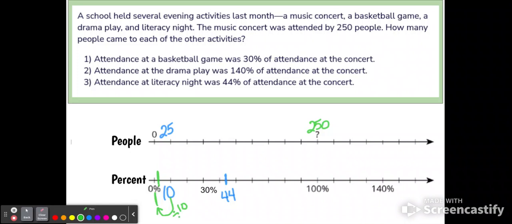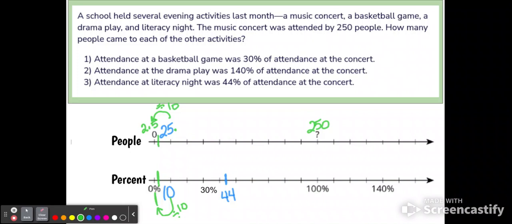So 10 divided by 10 is what gets me 1. Have to do the same here. 25 divided by 10. Ooh, there's that division of 10 again. Remember, when you divide by 10, you move that decimal, which is at the end of my answer, in one place value. So 25 divided by 10 is going to get me 2.5.